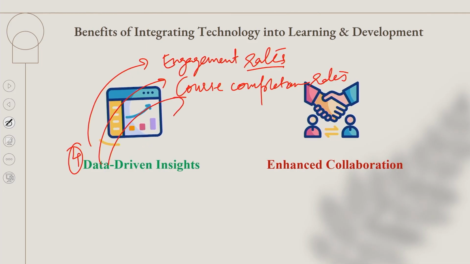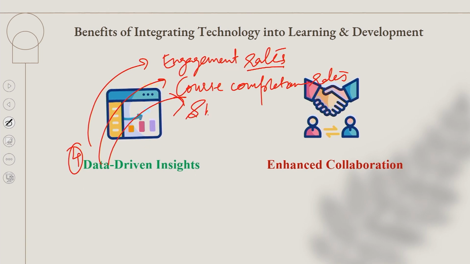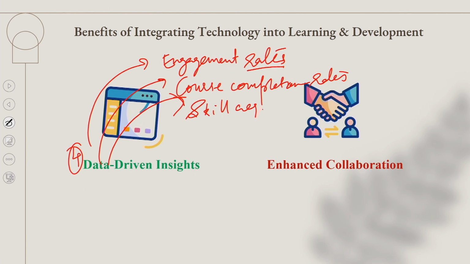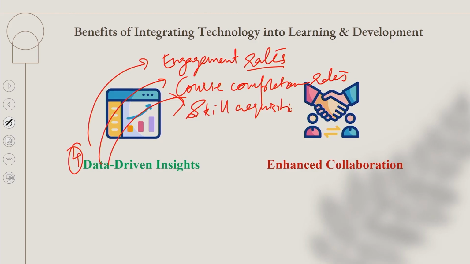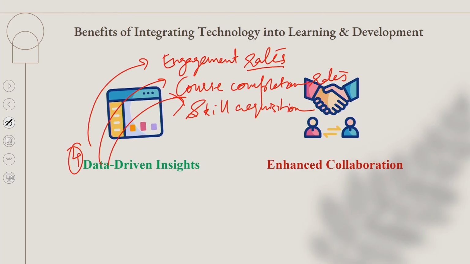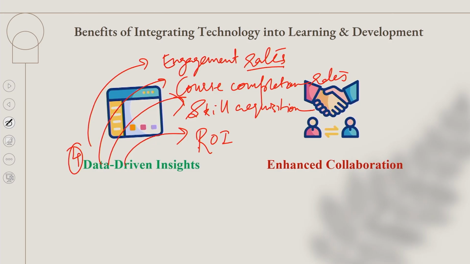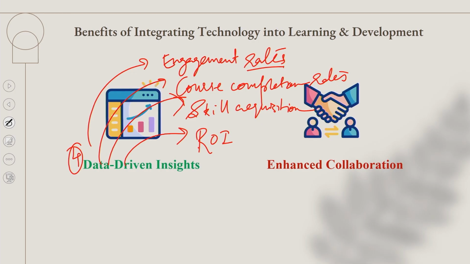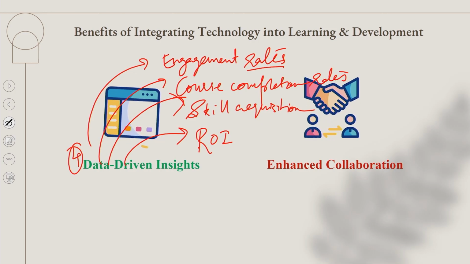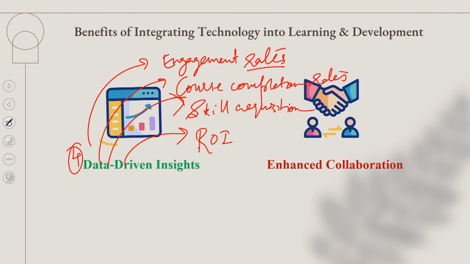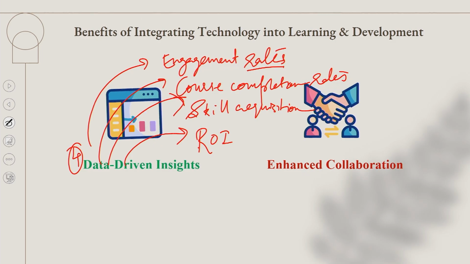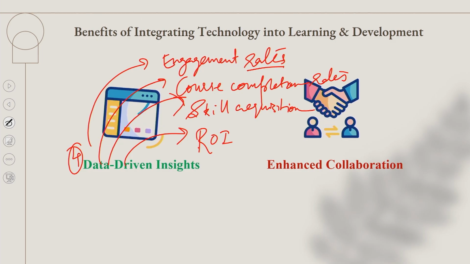You also would have seen skill acquisition or progress of that, or you would have also observed the ROI through business performance data. So what is typically the outcome? The outcome is that the data helps L&D teams make evidence-based decisions, personalize content, and justify the training investments.